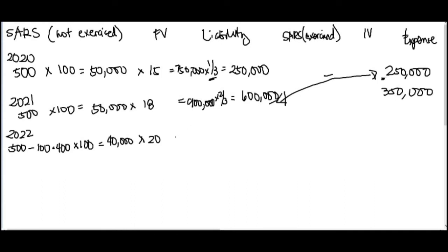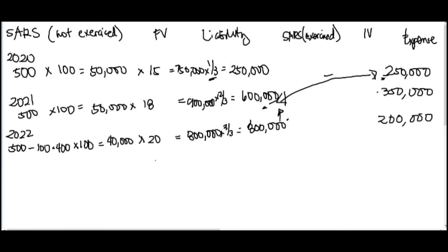Fair value, you have 800,000. Wala na tayong fraction kasi 3 over 3 is 1. Okay, kaya 800,000, nasa loob si 250 or 350 or cumulative 600, tanggalin mo, kaya 200 na lang. 800 minus 600, 200,000.